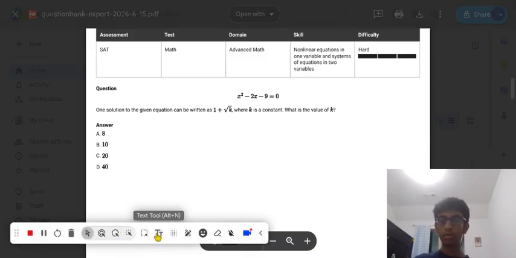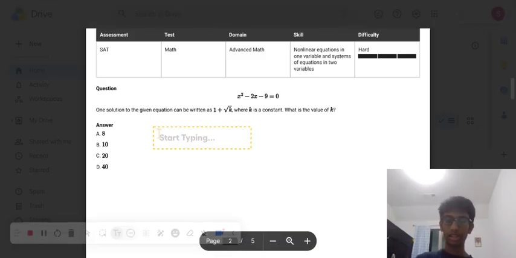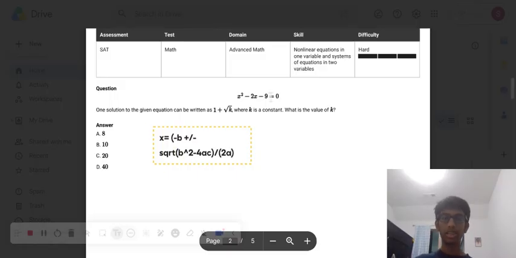Do you guys remember what the quadratic formula is? It is x is equal to negative b plus or minus the square root of b squared minus 4ac, all over 2a, where a, b, and c are the coefficients of the terms.